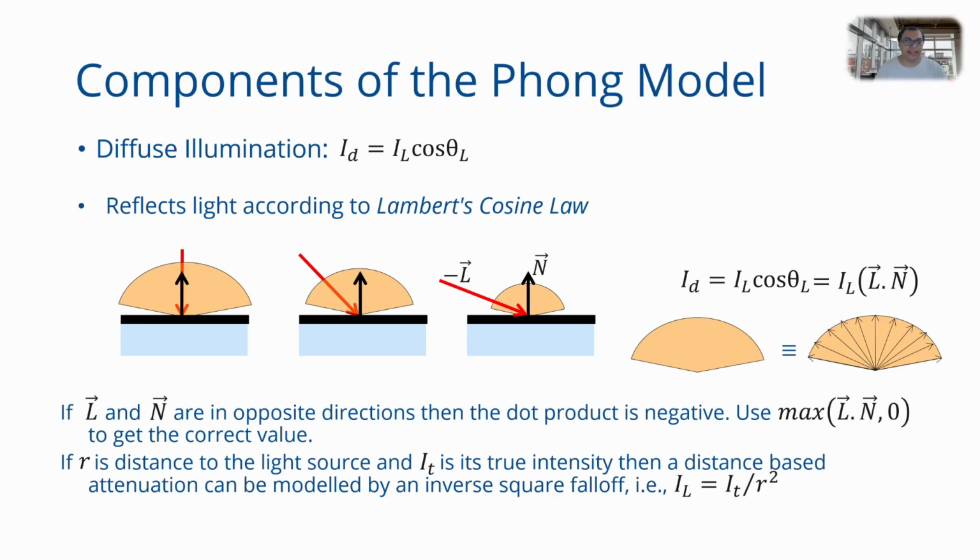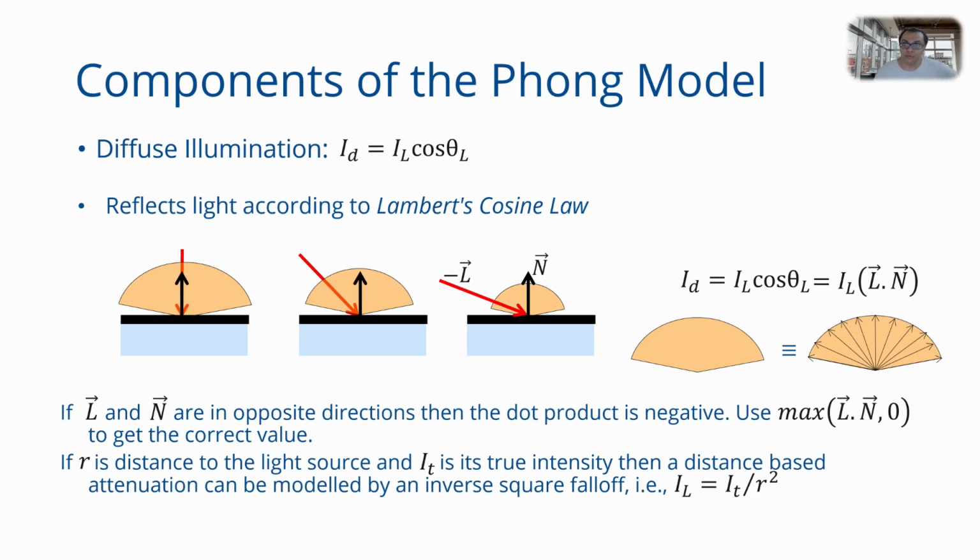So instead of saying that IL is the true intensity of the light source, you can say that the true intensity of the light source is IT, and IL is given as IT by R square, where R is the distance that the light has traveled from the light source to the surface point in question. Right? So this is the diffuse component of illumination.